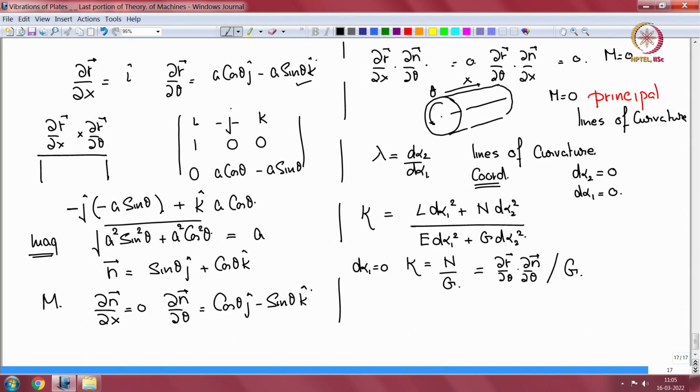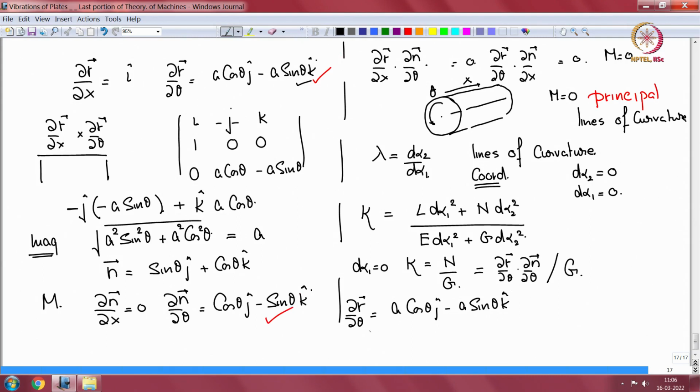Okay, so del r by del theta is equal to a cos theta j minus a sin theta k. I am taking it from here. Then del n del theta I will take from here.